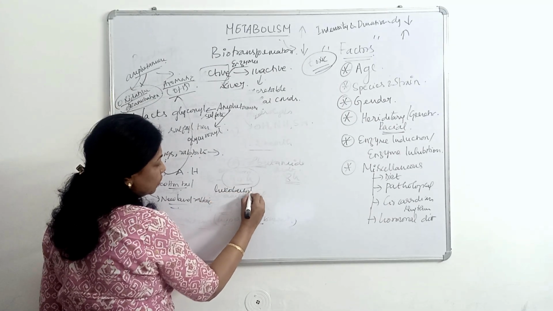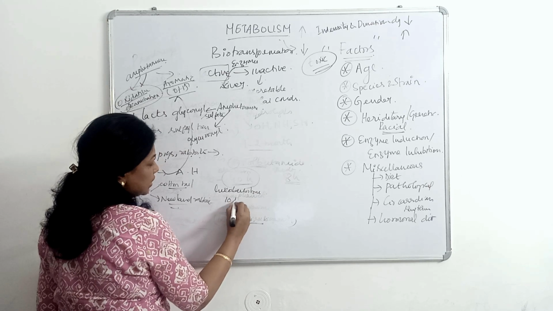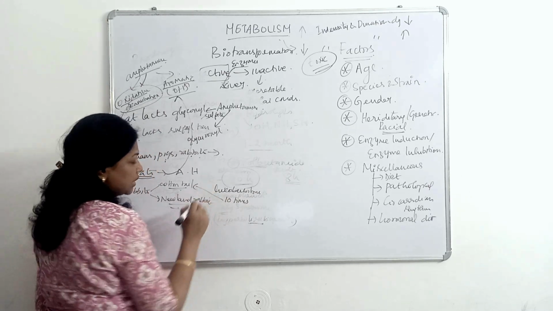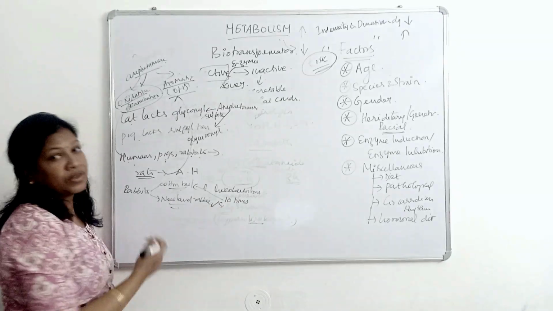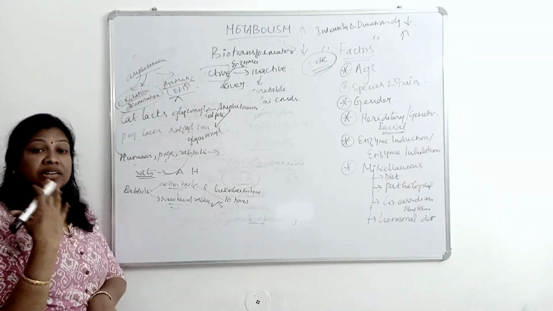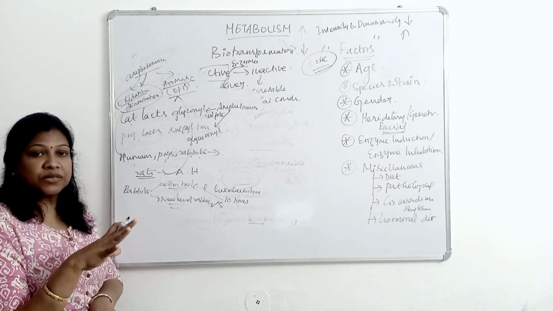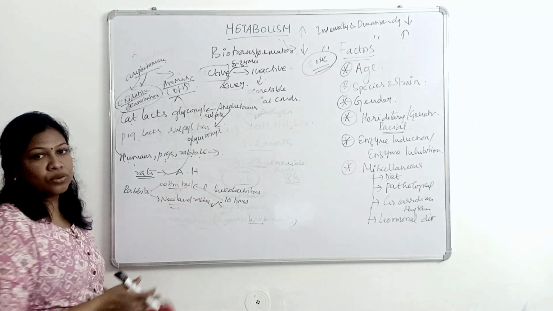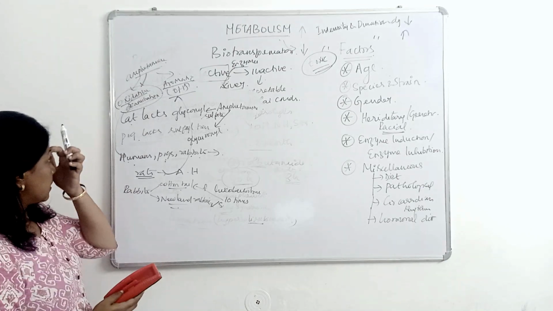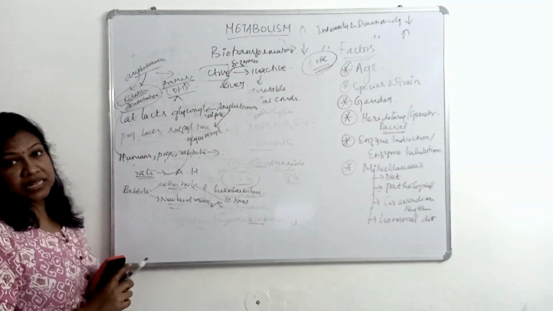The drug hexobarbital metabolizes 10 times faster in the cottontail, whereas it is slower in the New Zealand rabbit. So even within the same species, if the strain is different, the metabolism also varies. This is an example for species and strain.